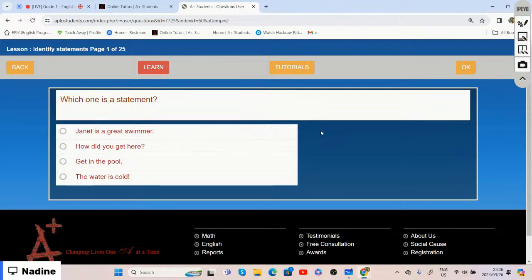Option 2 is, how did you get here? Option 3 says, get in the pool. And option 4 says, the water is cold. So which one of these four sentences is a statement?